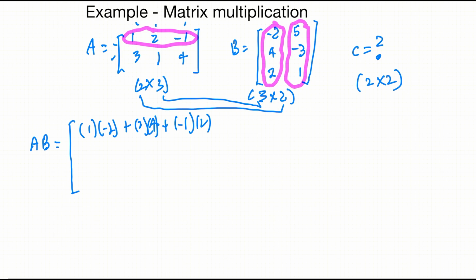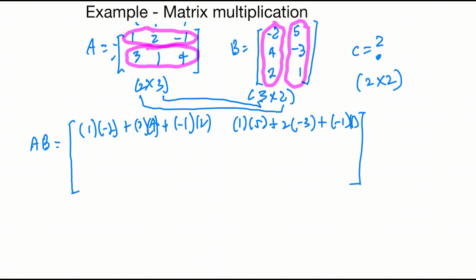So let's calculate that up. It's 1 times 5 plus 2 times minus 3 plus minus 1 times 1. That's our second entry. Now for the third entry, we're going to go down to the second row and start this process over again. This time it's going to be with the first column. The same process.